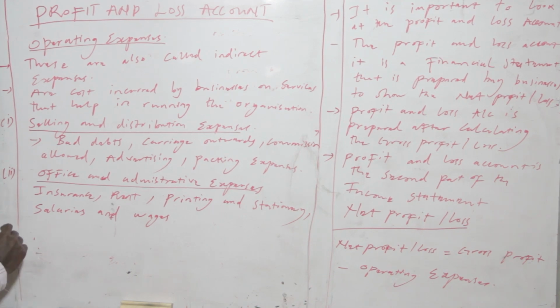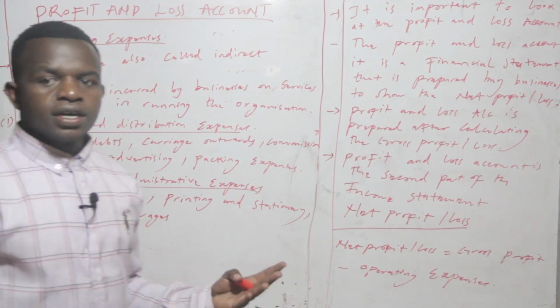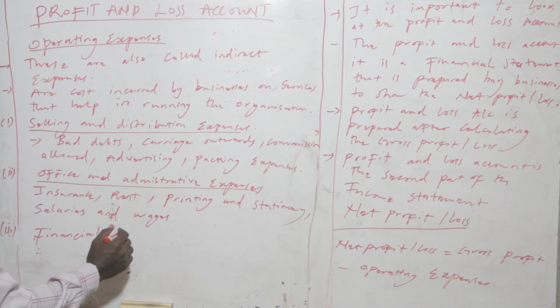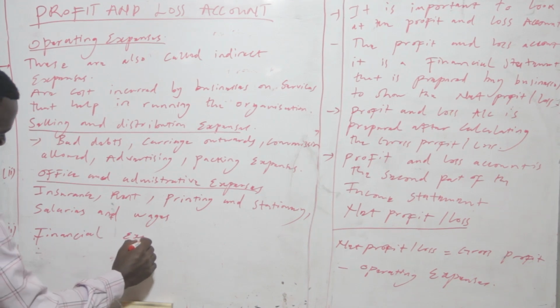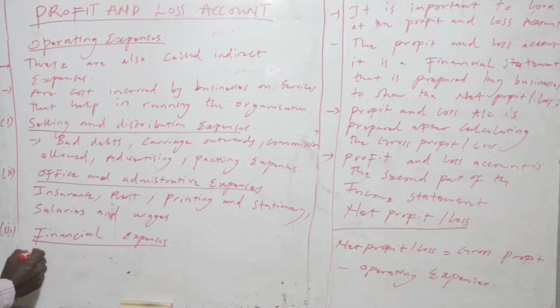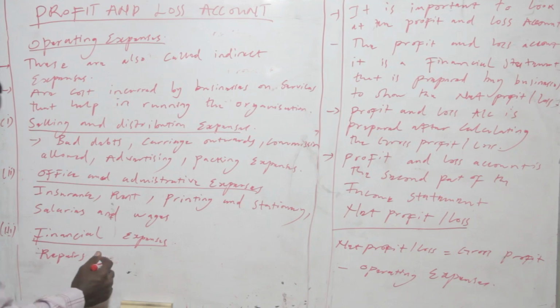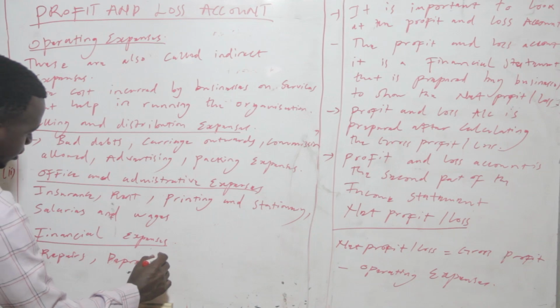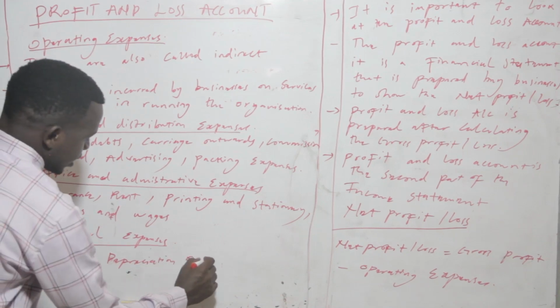Then let us look at the other type that we are having, financial expenses. For the financial expenses, here we are looking at repairs. Then we are also looking at depreciation of fixed assets.